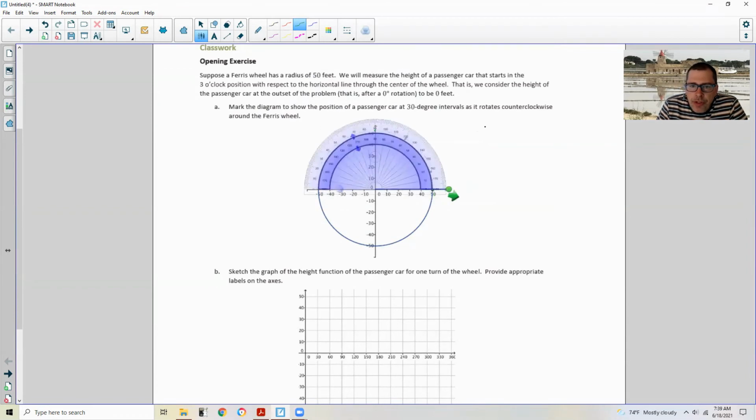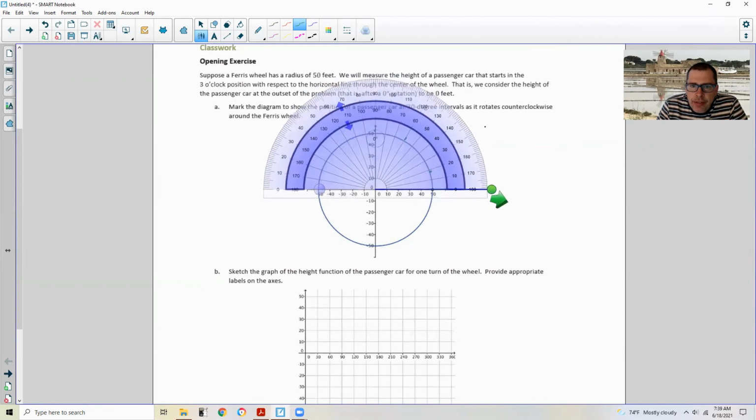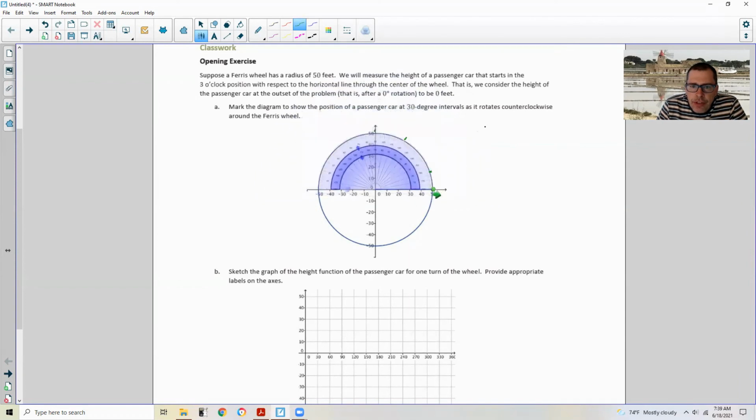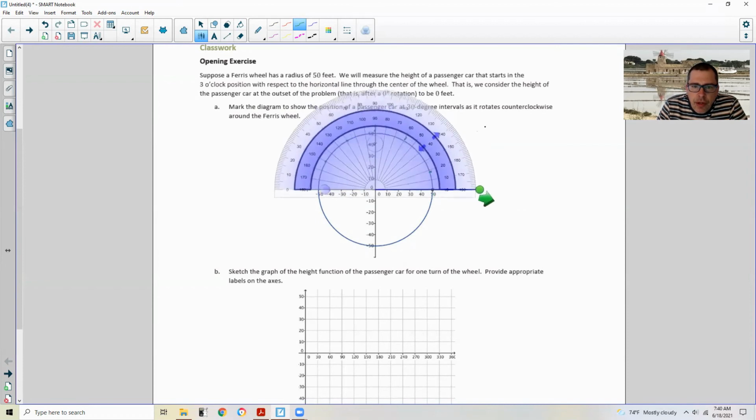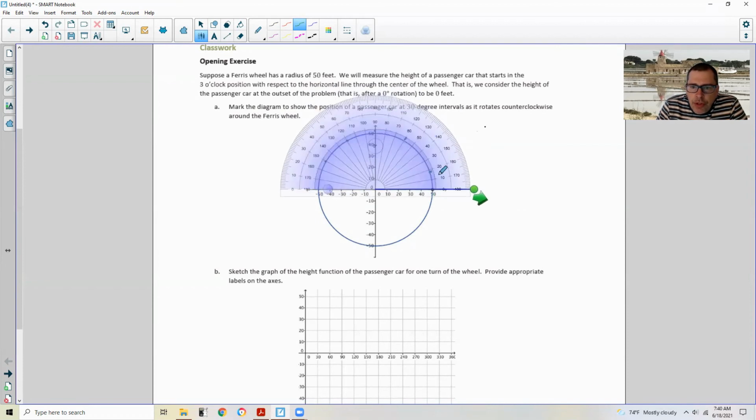How many degrees are they going in? I can't even read it. 10. Okay, so that's 100. Here's 100, here's 110. What am I doing? All right, so here we go.